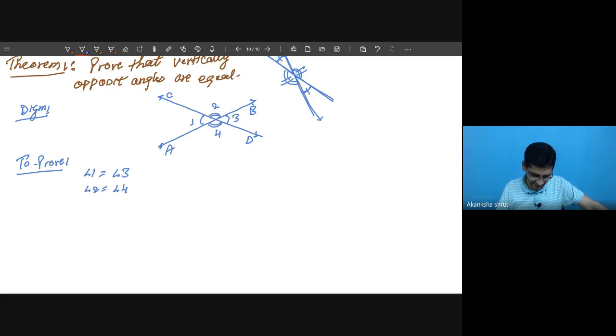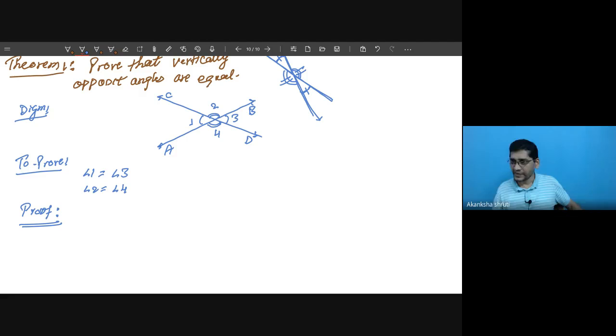Now we have to start proving. So there we have to write PROOF. Now see, we have to focus on one of the straight lines at a time. And we have to consider the linear pair at a time. Okay, student? Now say line AB.